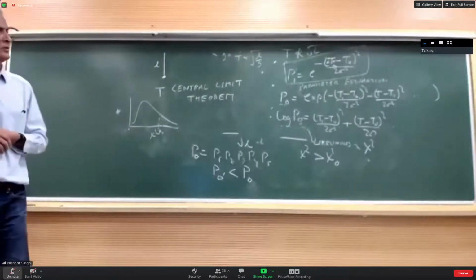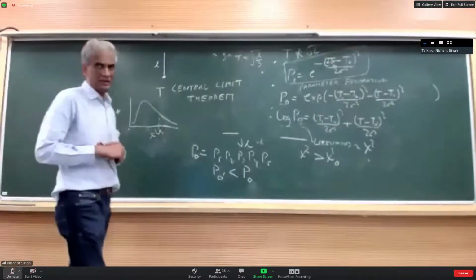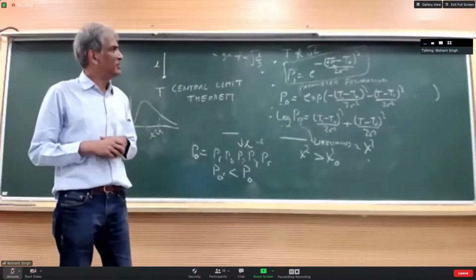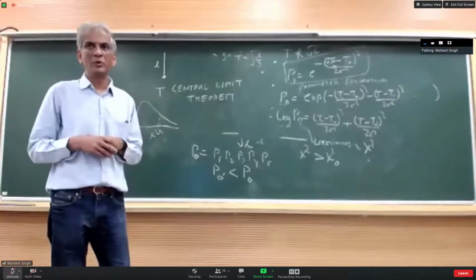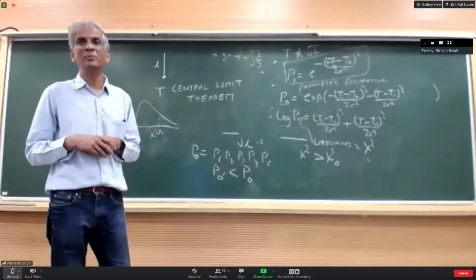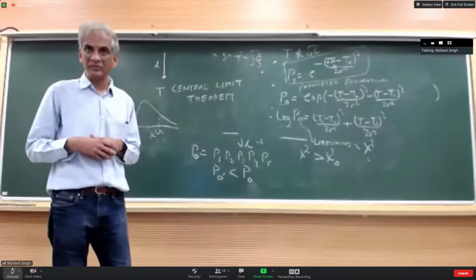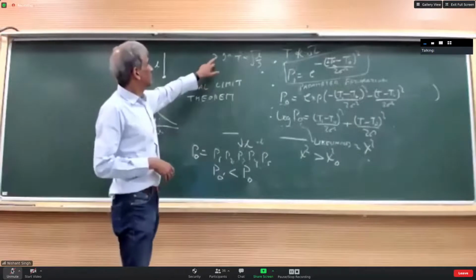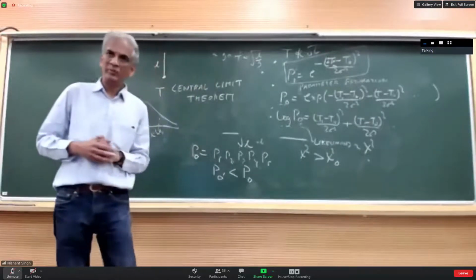No, it is not that we consider, I mean, it's a wrong way of looking at it. What it means is that in the frequentist approach, we are not biased by any other previous experiment. So suppose I want to find G in this experiment.